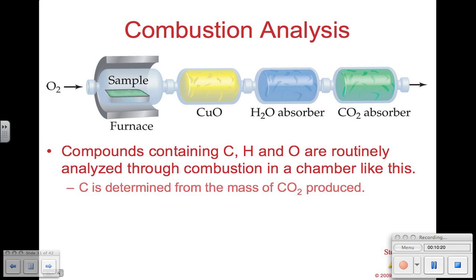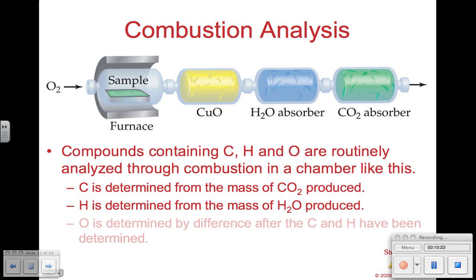One way, especially with compounds that are made up of carbon, hydrogen, and oxygen, is what's called a combustion analysis, where you burn the sample in the presence of pure oxygen running through the system, and then you have a variety of chambers where you absorb the compounds coming off.